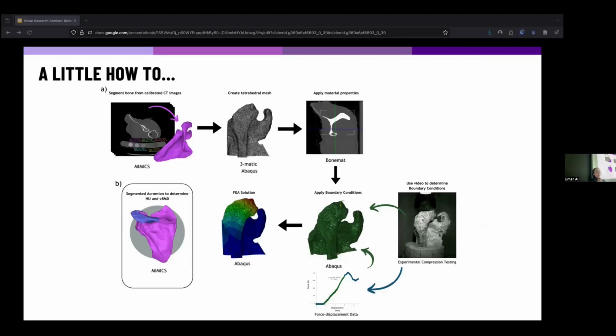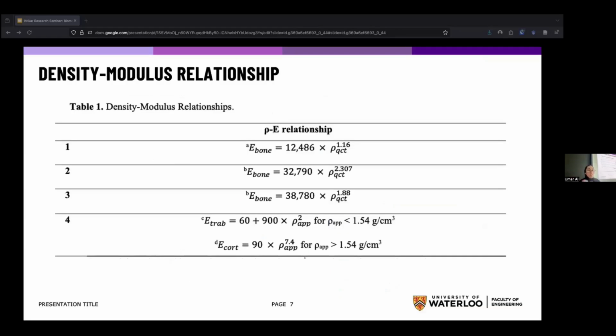I mentioned earlier that we're considering 4 different relationships, which are the density-modulus relationships in this situation. I'll show you what they mean. Do you remember how I mentioned that some people try to consider the bone as one homogeneous material?